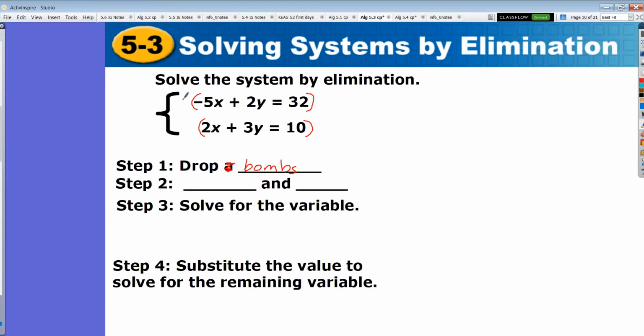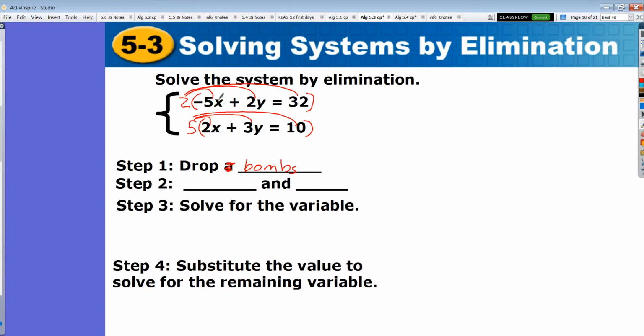So I'm going to drop a 2 bomb on my top equation and a 5 bomb on my bottom equation. All right, a +2 and a +5. Okay, so when I do that, if I do my distributive property for the top and for the bottom equation, I'm going to distribute those numbers, multiply those, and I'm going to write out what I have left over here.